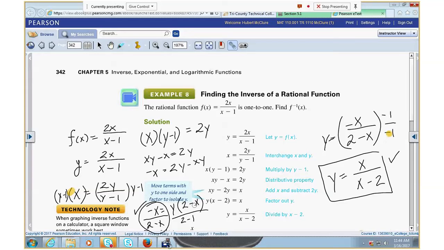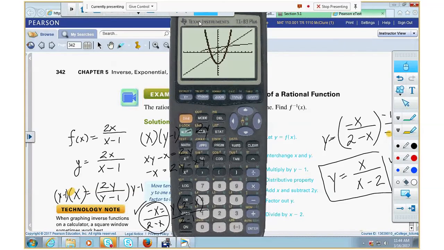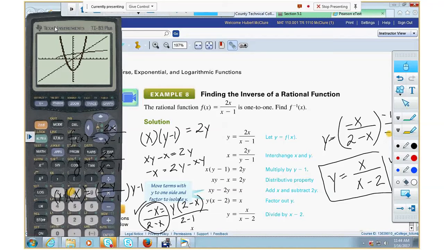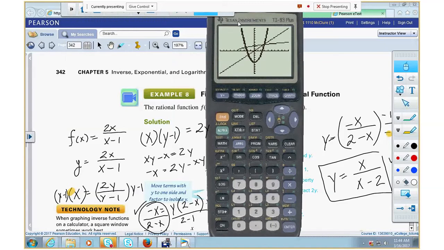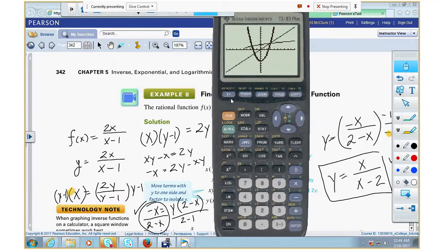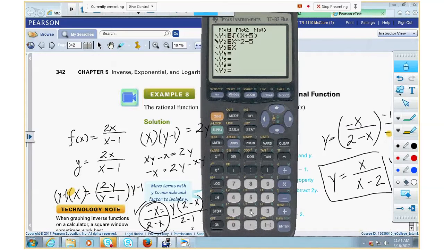So let's graph it. Where's my calculator? Okay, I don't want to see that. I want to pull it over here. There we go. Y is equal to, the first function is 2x divided by, parentheses, x minus 1.